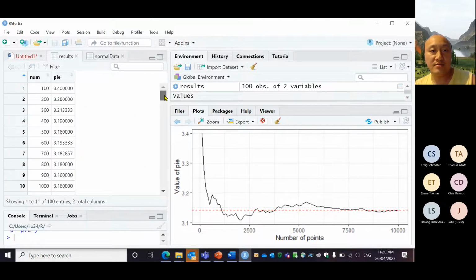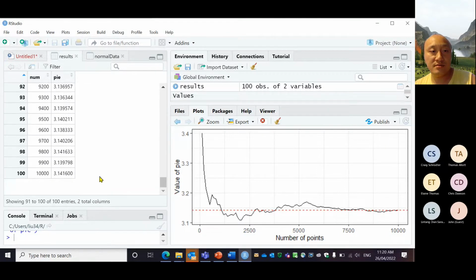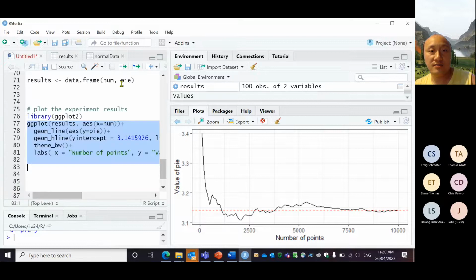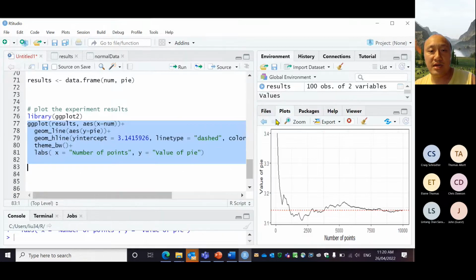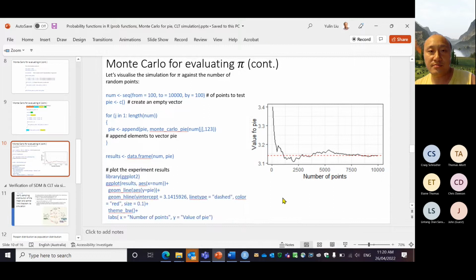The raw results are here. So that's it. That's the Monte Carlo simulation for evaluating pi using random functions.